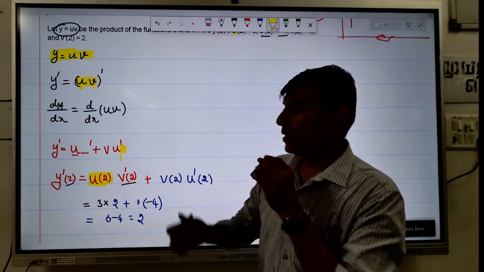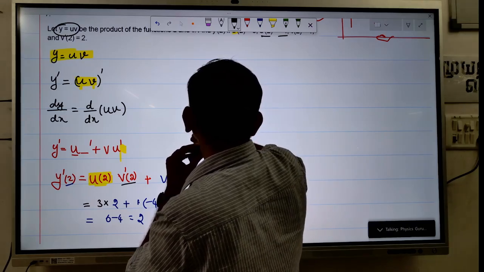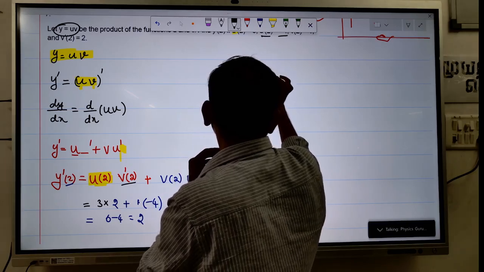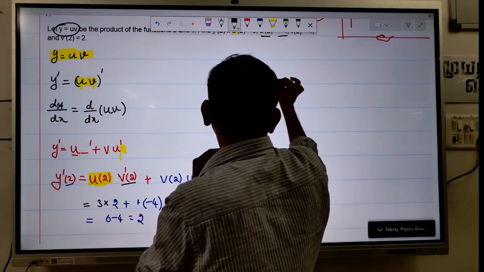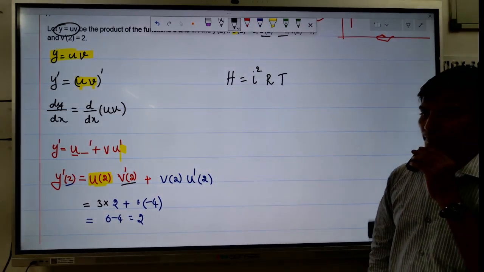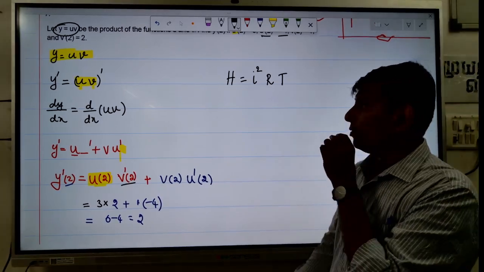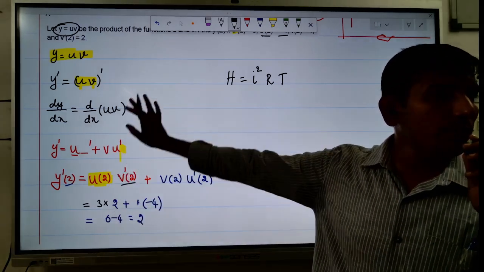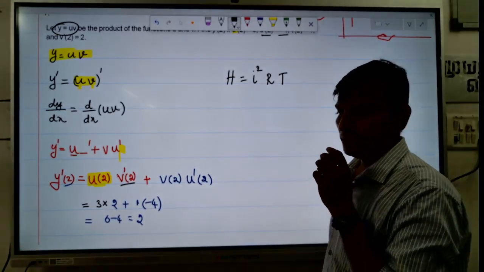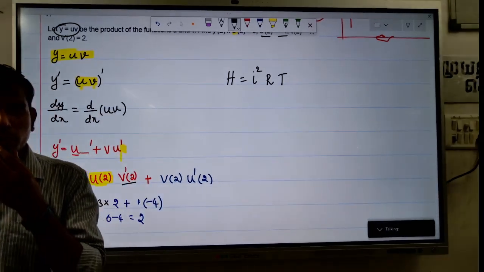Okay, let's see that. In lower class, have you studied this formula? H is equal to I squared R into T. Have you learned this formula? What does it say? The equation என்ன சொல்லுது? H is equal to I squared RT. I think in grade 10 you must have learned.